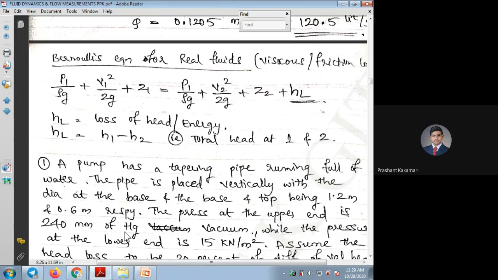Whenever this vacuum term comes, we need to take it as negative because vacuum is below atmospheric pressure. Whenever the pressure is below atmospheric, we call it vacuum pressure, and we consider it as negative pressure. That is 240 mm of mercury. Please recall to convert this mercury head into water head, or if you are asking for the result in mercury itself, you can keep it as it is.